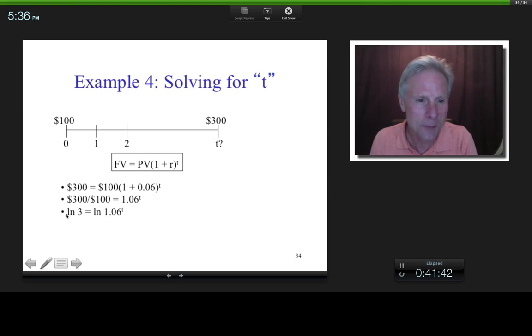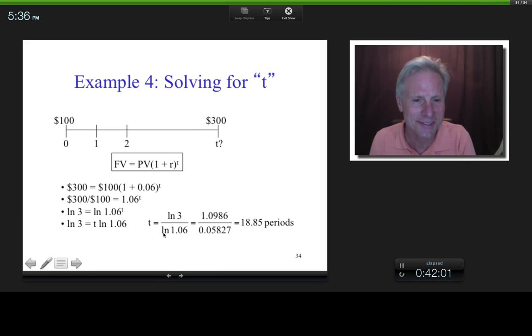In this example, I'll use the natural log. So what can I do with this t because of the log function? I can put it in front. That's the same as t multiplied by the natural log of 1.06. So if I divide both sides by the natural log of 1.06, then I get what my t is.